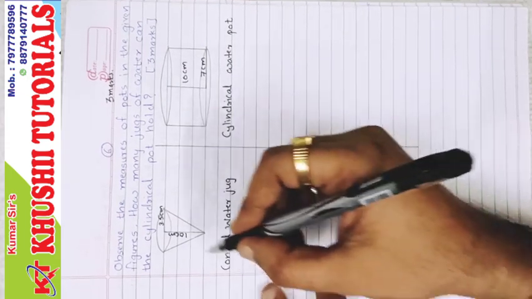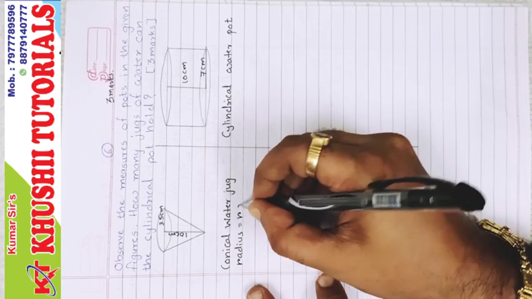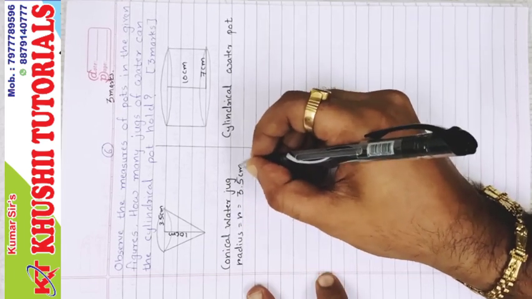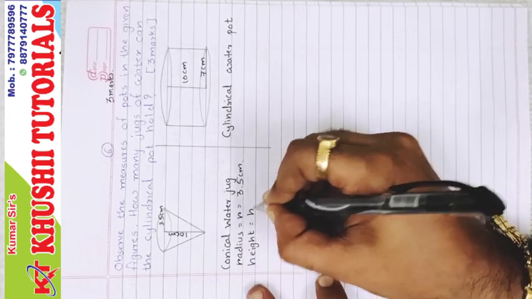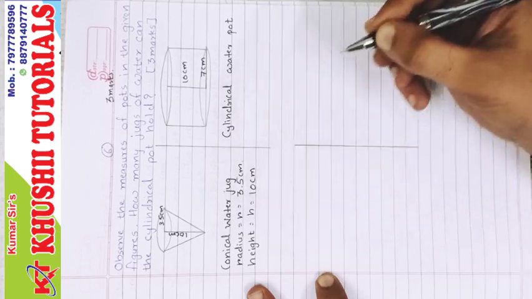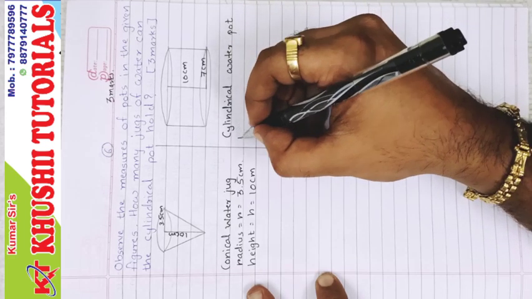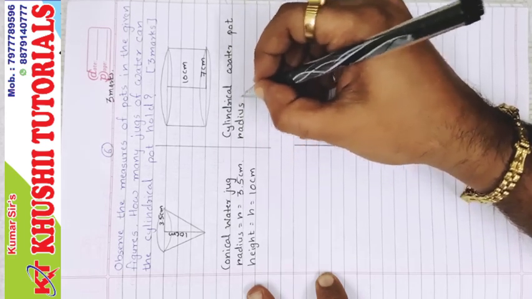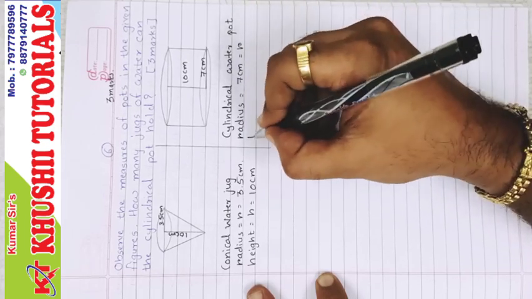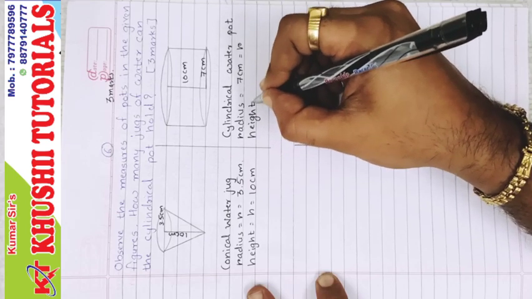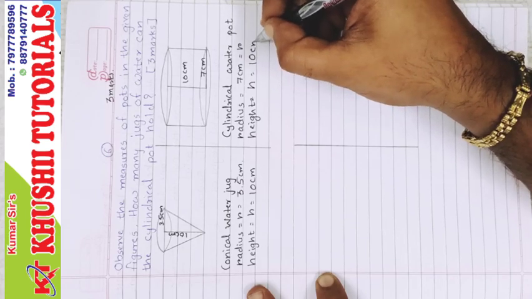For the conical jug, we'll write first radius R equals 3.5 centimeter. Height H equals 10 centimeter. For the cylindrical water pot, radius equals 7 centimeter equals R, and height H equals 10 centimeter.